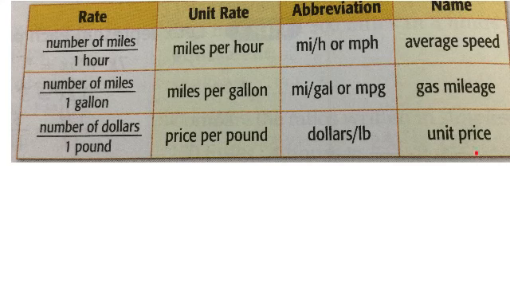One thing I did want to mention is this here called unit price. You see that a lot if you shop at Walmart. Say I'm going to buy Cheerios, and I want to know what the best deal is on the different size Cheerio boxes. What you can do is take the price that you're spending for the box and divide it by how many ounces are in the box.